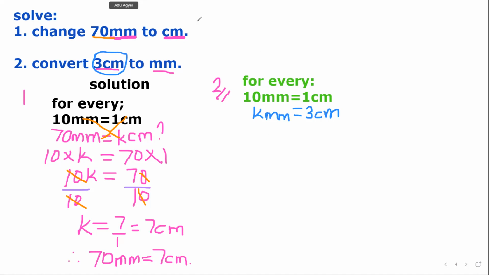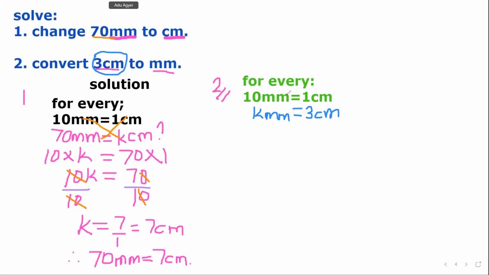Good. After you have recorded them here, you use the cross multiplication to write your linear equation.